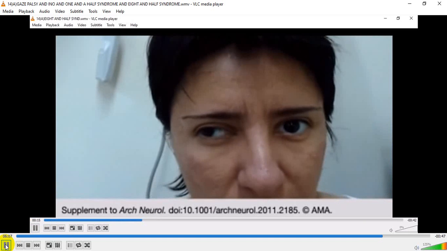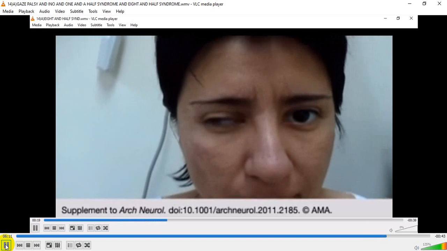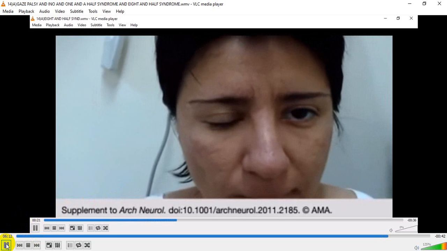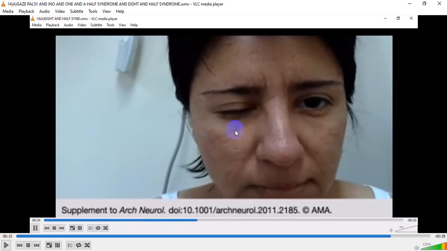See, can you see adduction nystagmus? And this eye cannot adduct. This is abduction. This eye can abduct. This eye cannot adduct. But you can see the nystagmus here. Now on this side, the eye closure is poor.